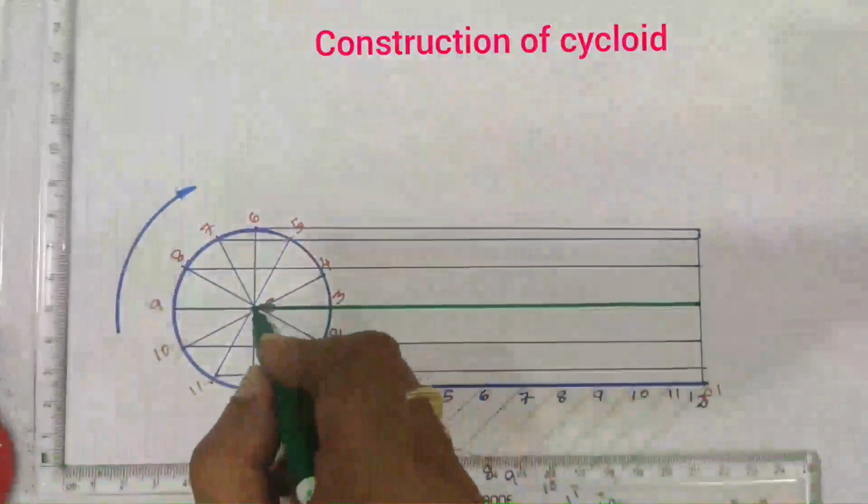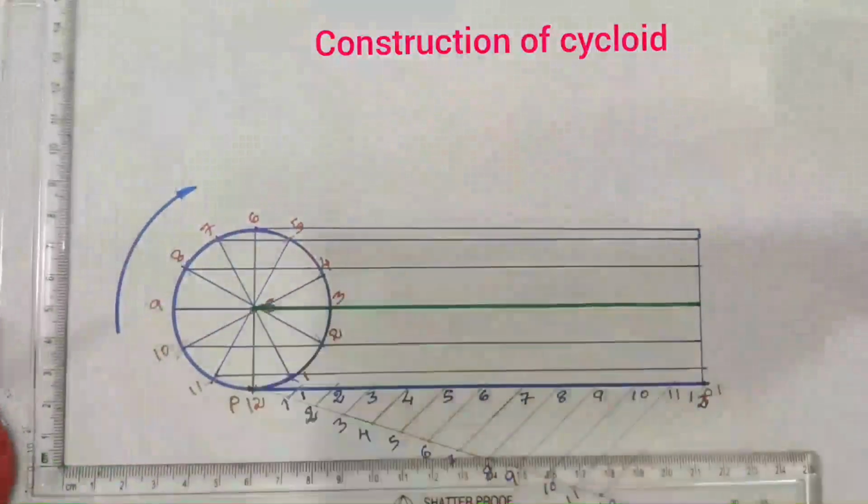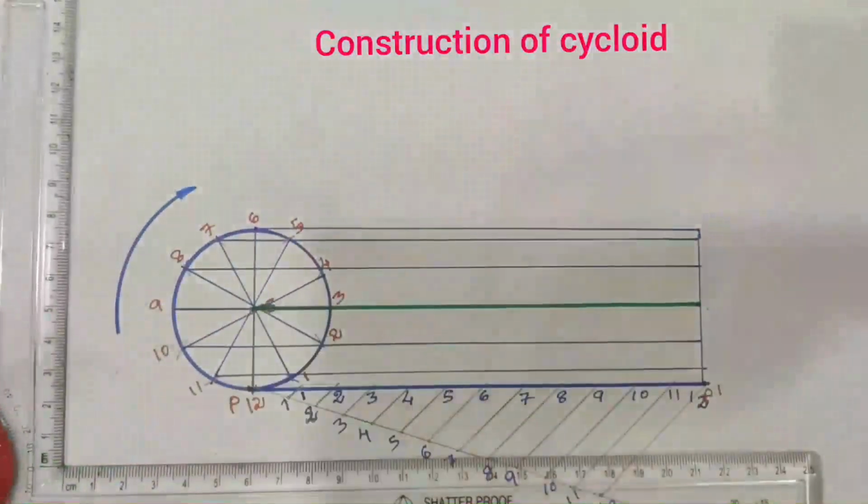This line passing through center of the rolling circle is called locus of path line.